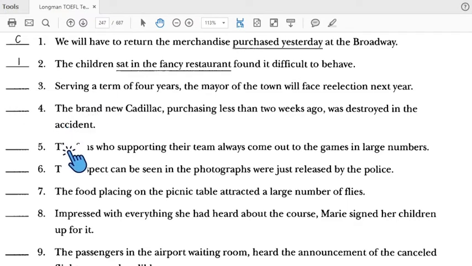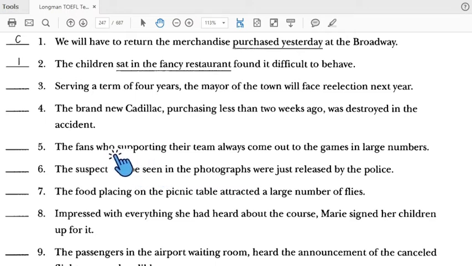Number 5. The fans who support their team always come out to the games in the lab. This is the subject, and where is the verb? "Come out", so there is a subject and a verb. Actually, we have to reduce "who". This "who" is "supporting", or "who support", or "who supported".